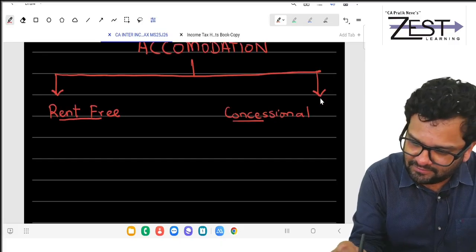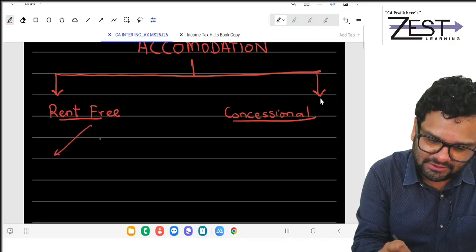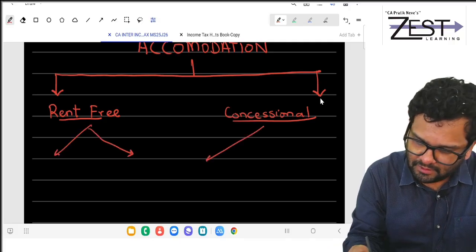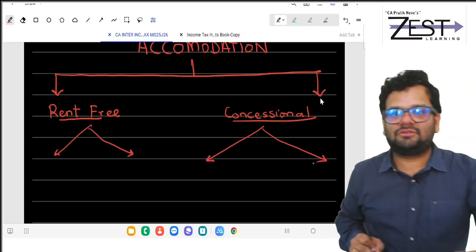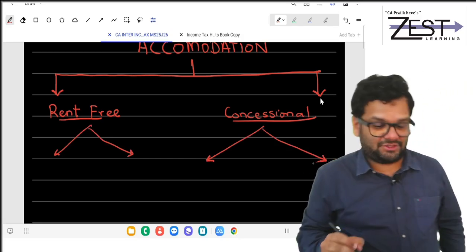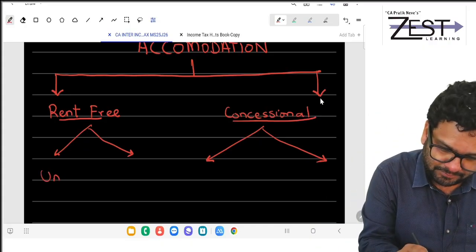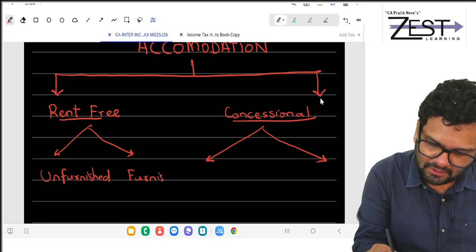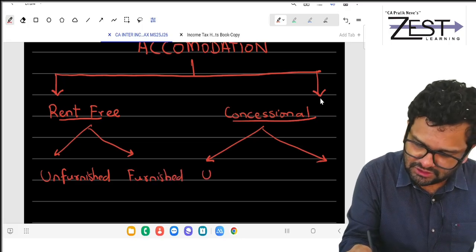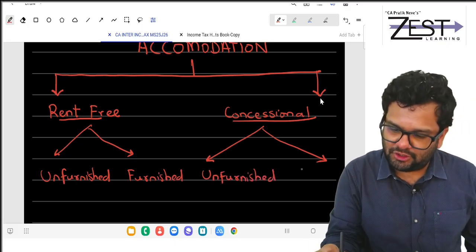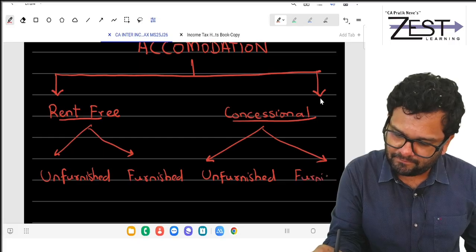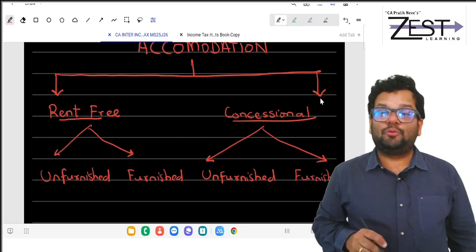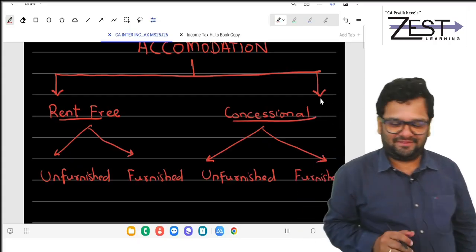Whatever it is, there could be further two possibilities. It could be unfurnished house or it could be furnished. So in short, can you tell me how many total possibilities?